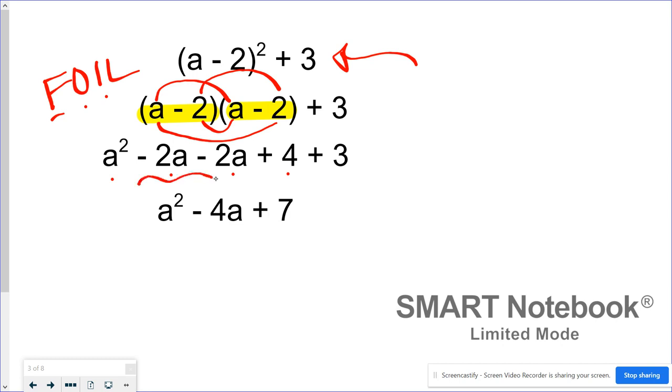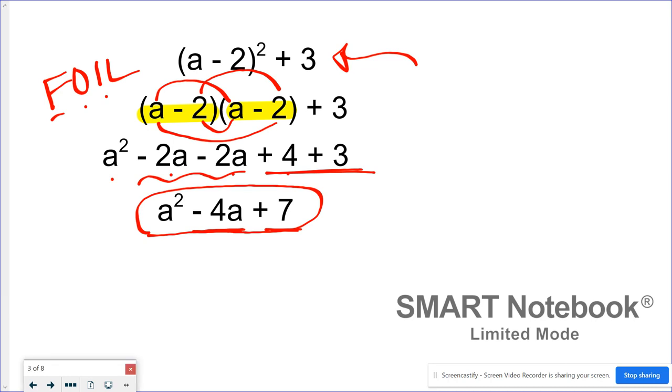So -2a and -2a is where I got the -4a, and clearly positive 4 plus 3 is where I got positive 7. So a squared minus 4a plus 7, that's my answer here, okay? So it evaluates a little bit different than what we saw in chapter 1, okay? Because they might have us evaluate at a variable or at a quantity, okay?